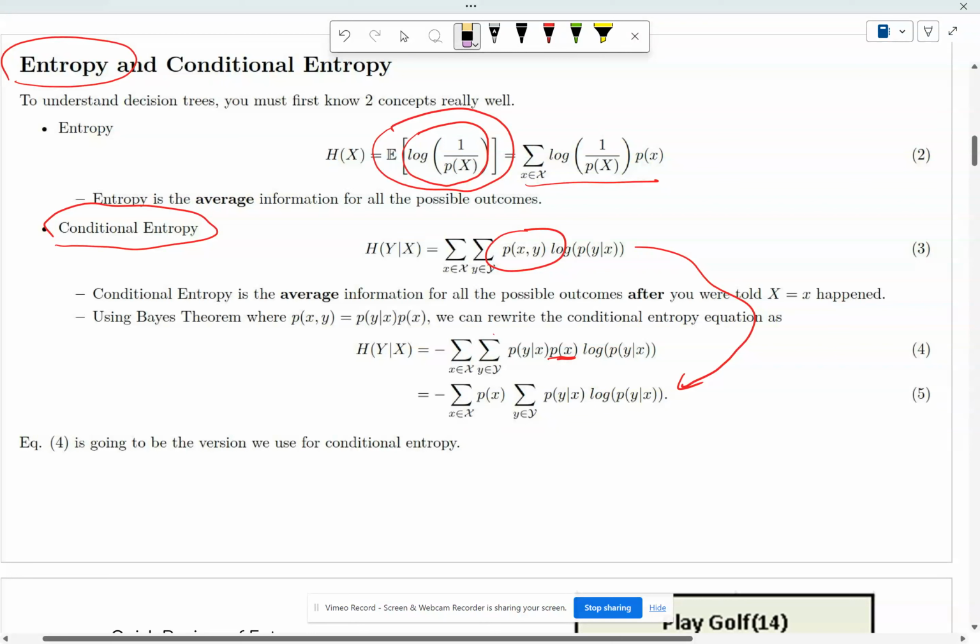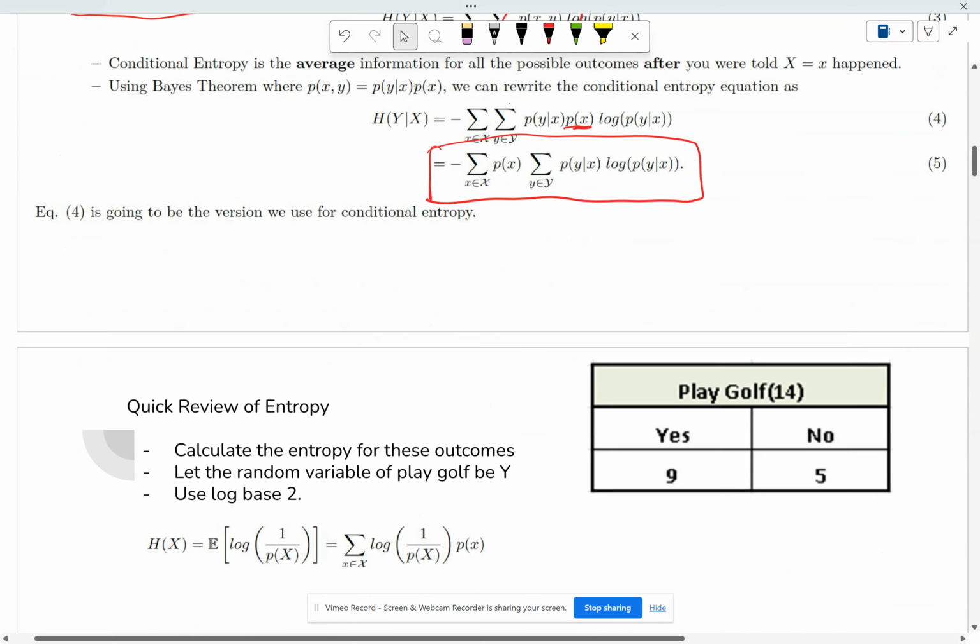What you do is you let p of x equal something, and then you sum up all the possible y's given x. Then you let p of x equal something else and repeat this process. I think this equation will be easier to understand once we've done some exercises.